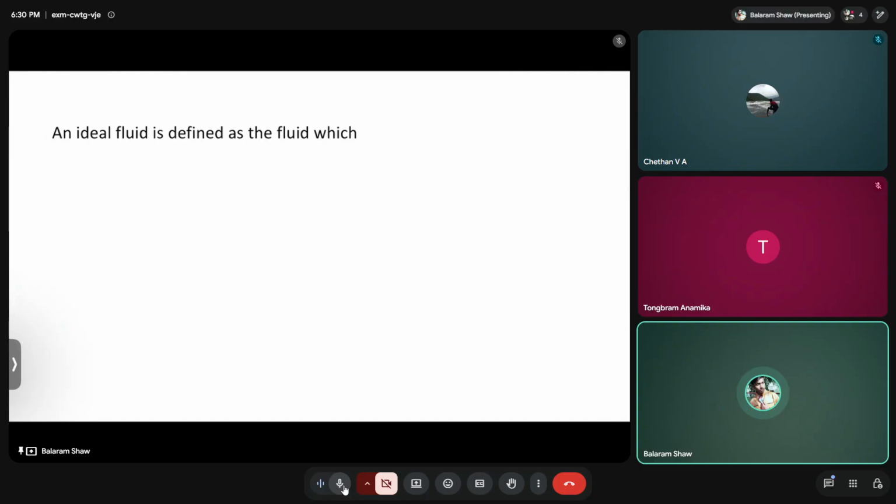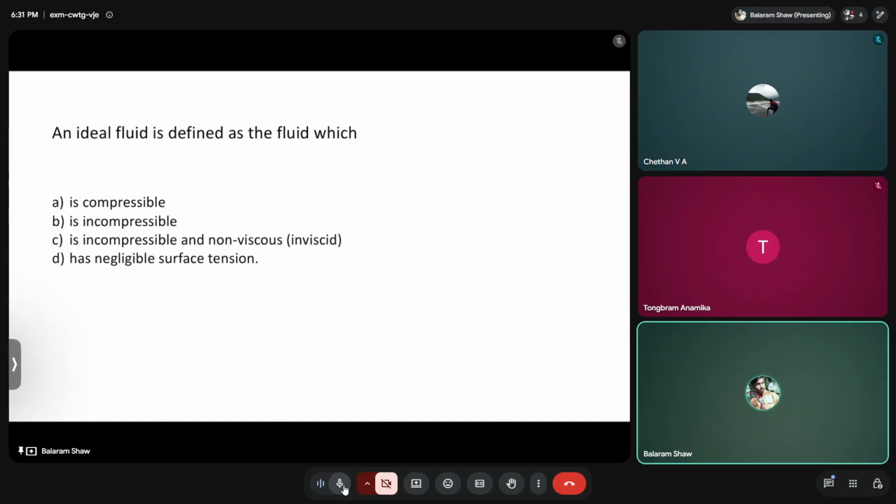B, okay. So here we are talking about ideal fluid. What is ideal fluid? In layman's terms, an ideal fluid is the fluid we need for our analysis, in which everything is made simpler.